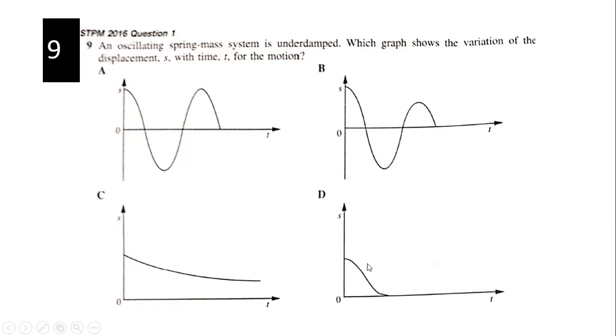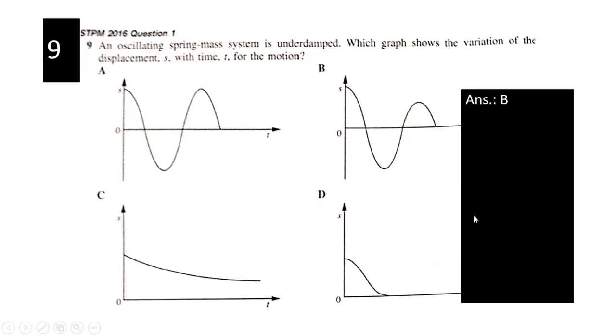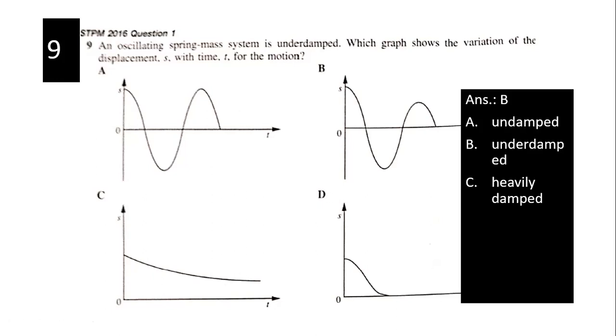This is critically damped. You must be able to recognize that. This is undamped, that means no damping. No air resistance, no friction. This is underdamped. And this is heavily damped or overdamped. This is critically damped. That's all.